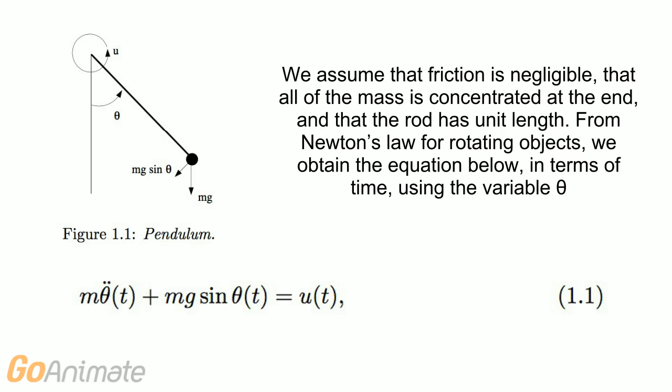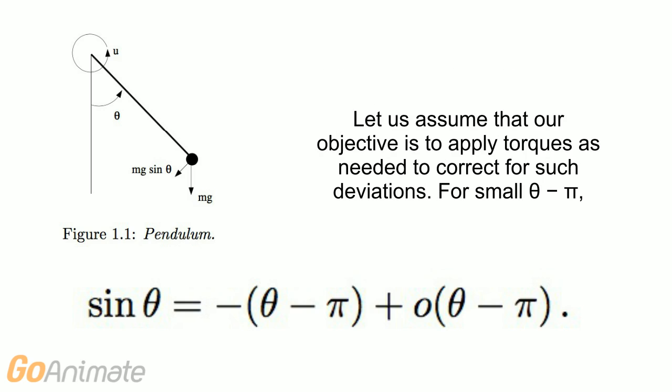We assume that friction is negligible, that all of the mass is concentrated at the end, and that the rod has unit length. From Newton's law for rotating objects, we obtain the equation below, in terms of time, using the variable theta. Let us assume that our objective is to apply torques as needed to correct for such deviations.